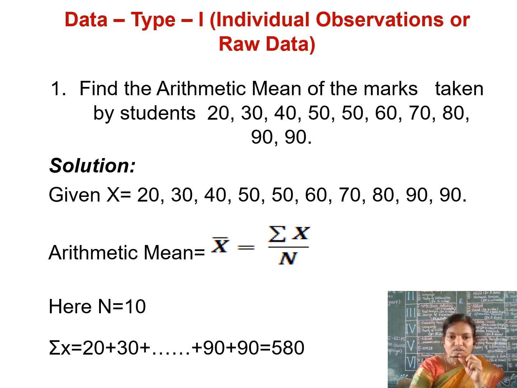The numerator is the total of the values, and the denominator is the number of items. Substituting in the formula, we get summation X as 580. The total number of values is 10. So 580 divided by 10, 58 will be the arithmetic mean for this question.